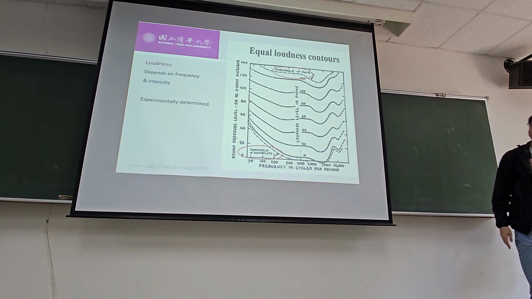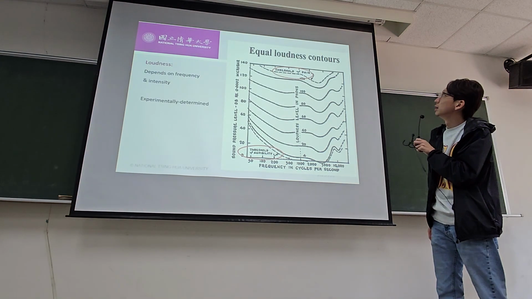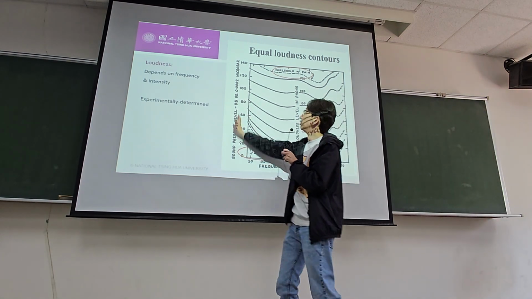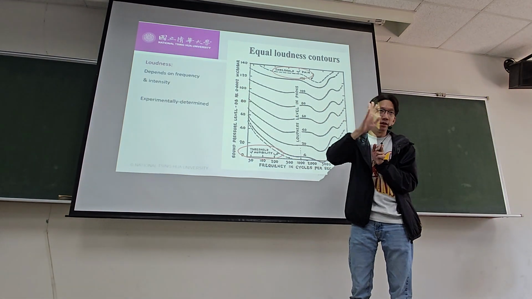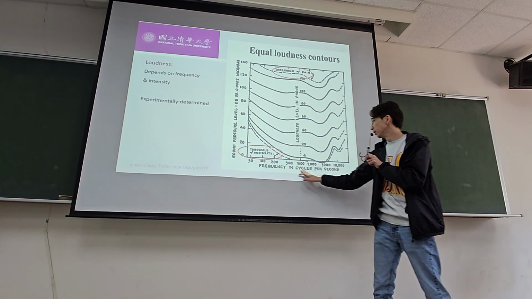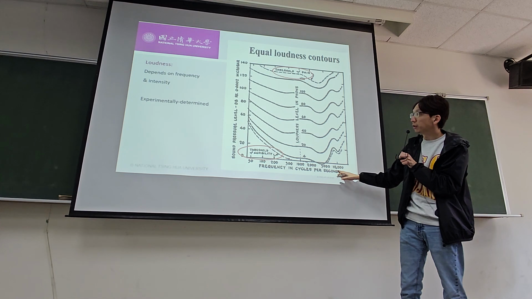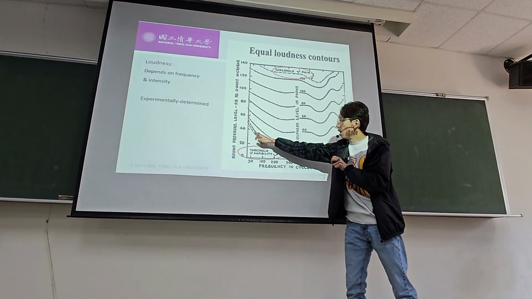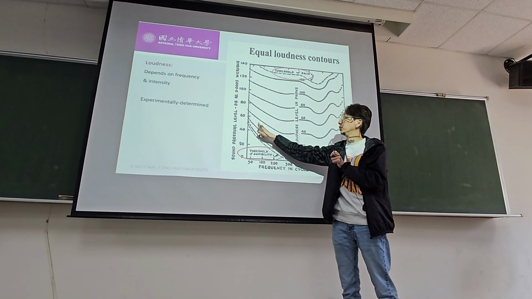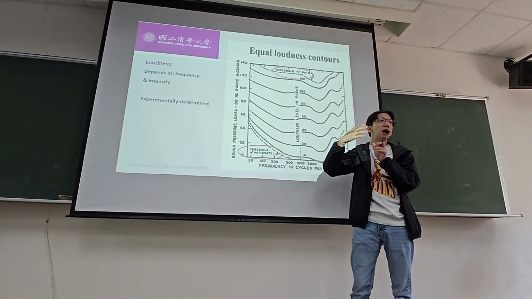So again, here we can also talk about an equal loudness contour, right? Here's the sound pressure level, the actual thing that we can produce, how loud we can produce a sound. Here's the actual frequency. Along this line, if you ask a particular person, they will tell you they all sound the same loudness.